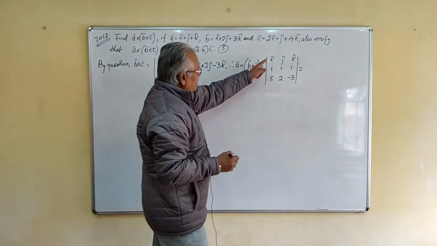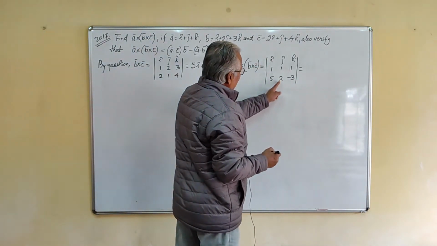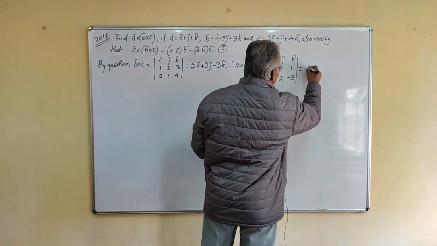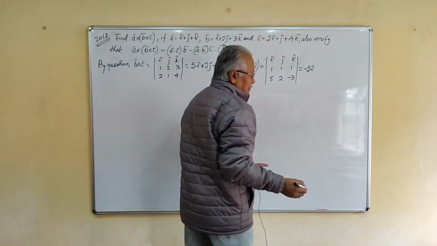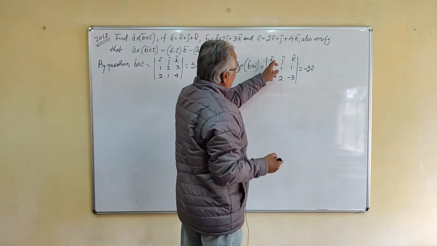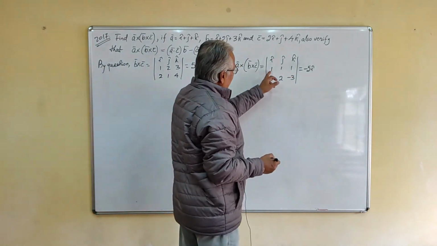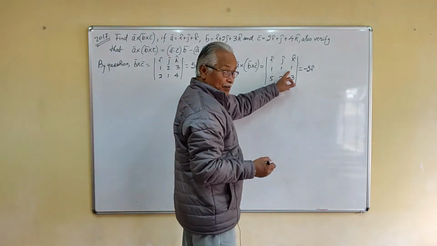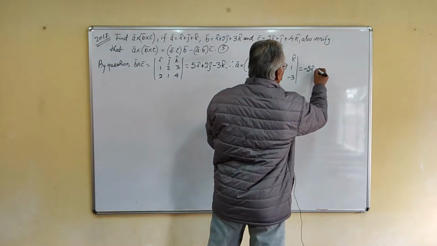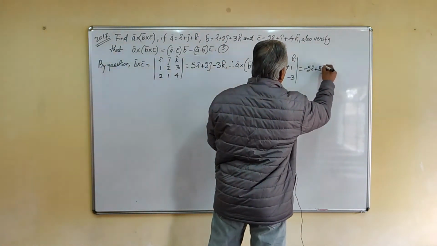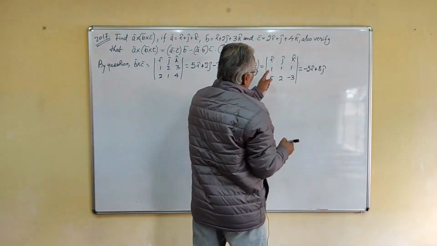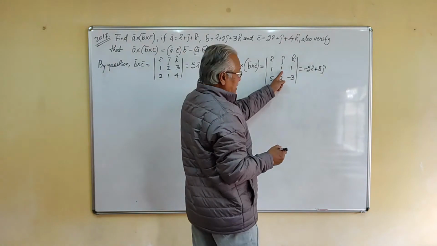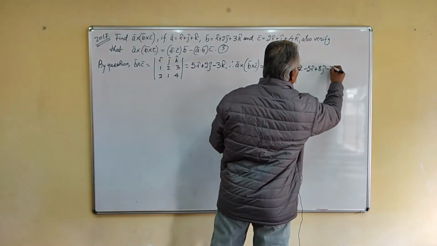Okay, I times minus 3 minus 2, that will be minus 5I. Then J, delete the row and delete the column. Then minus 3 minus 5 will be minus 8, so plus 8J. And 1 2s are 2, 2 minus 5 is minus 3, minus 3K.